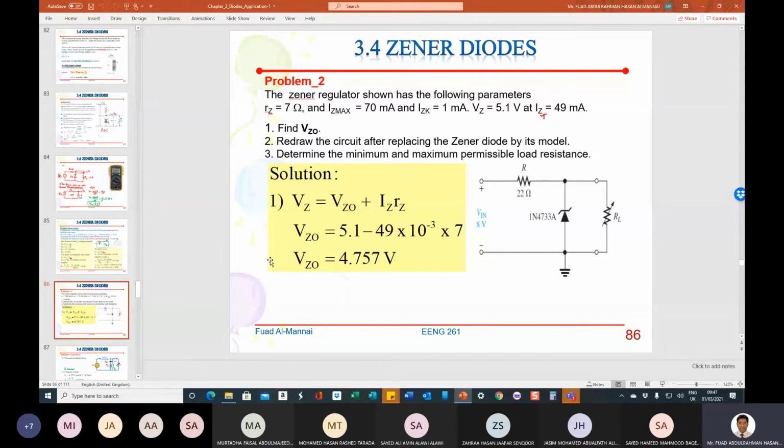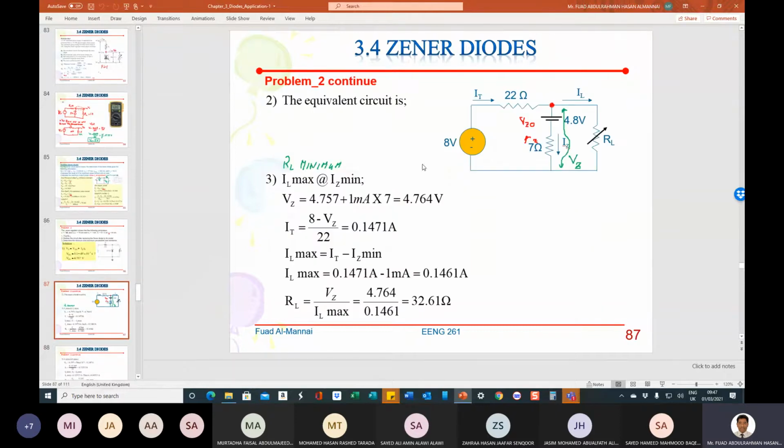Now, question number two, he said draw the circuit after replacing the Zener diode by its model. I will redraw the circuit on slide number 87, and the circuit will become like this.